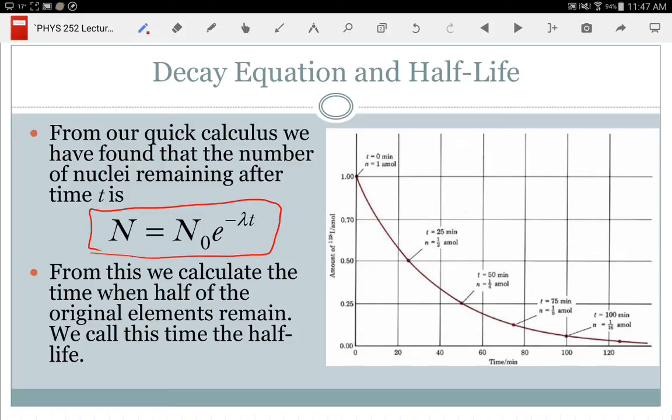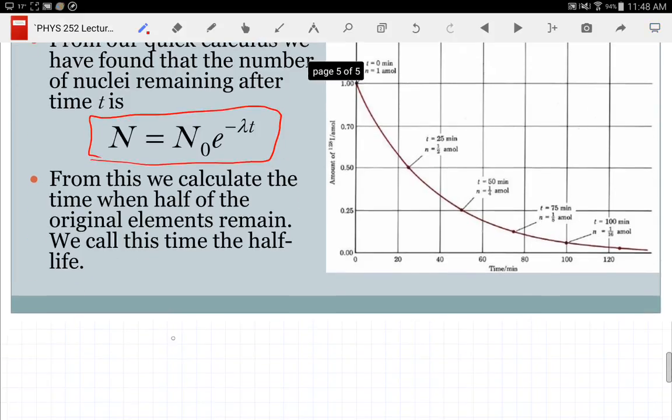So because you have the rate dependent on the size and you get this specific curve, it turns out that you can calculate the time that it's going to take for statistically half of the nuclei to decay. So going to the calculation we'd done on the previous page, we had time final was equal to natural log of the number we started with divided by the number we end with, divided by lambda.